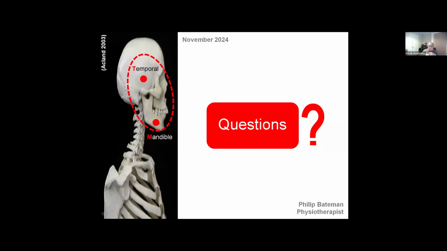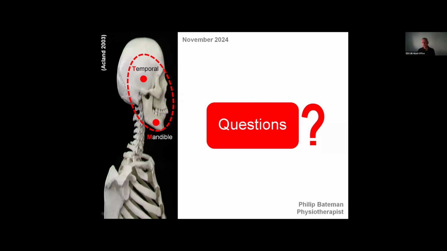So the first question that's come up quite a few times is, is it necessary for a physio or a dentist to be trained in EDS to properly assess and diagnose somebody with TMD? So, I mean, that would be ideal, but no, really. If you've got training in TMD and I know something about EDS, it is helpful to know things about EDS, but from each patient I learn different things about EDS all the time.